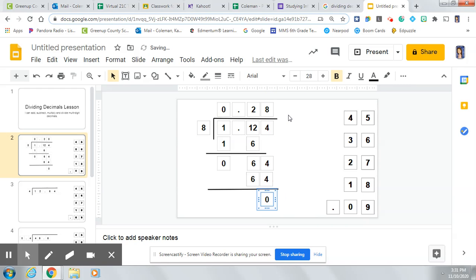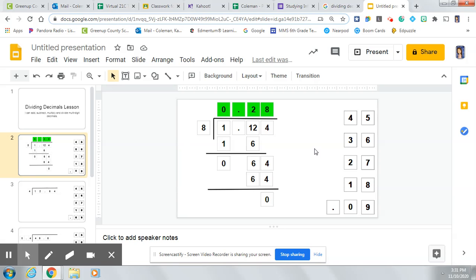So the correct answer is 0 and 28 hundredths. Okay, so this was very similar to dividing a 3-digit number by a 1-digit number. The only difference was I brought my dividend decimal straight up into the answer.